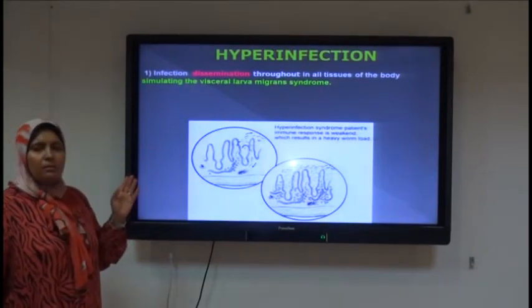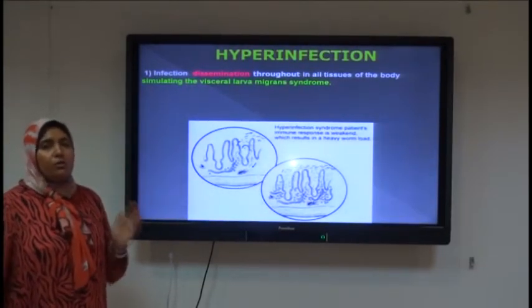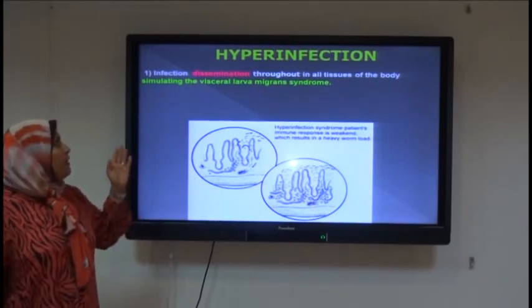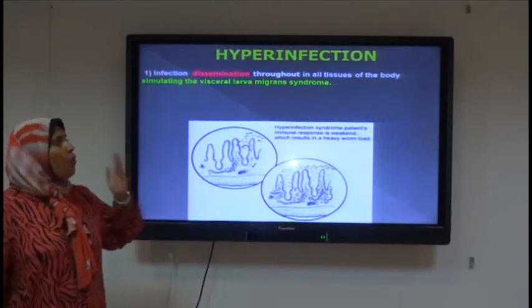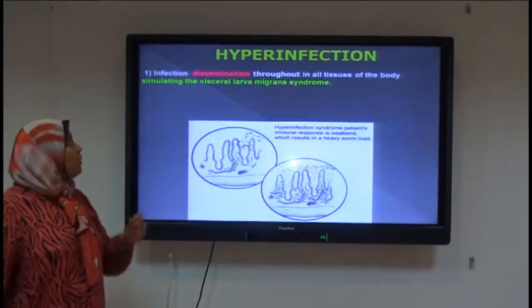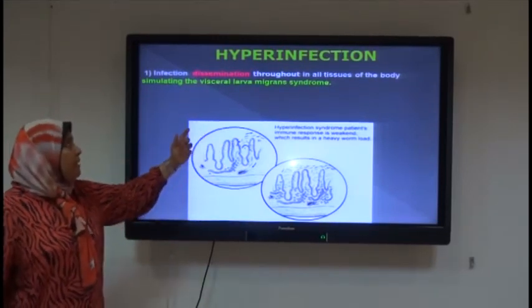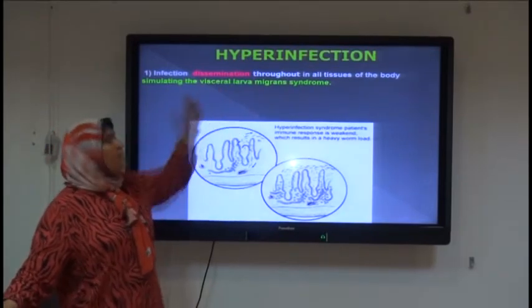As we said, the larvae here are not under control. The immune system is no more controlling them. That's why it will disseminate throughout all the tissues of the body. And this is what we call visceral larva migrans. And from its name, the larvae will migrate to different viscera.